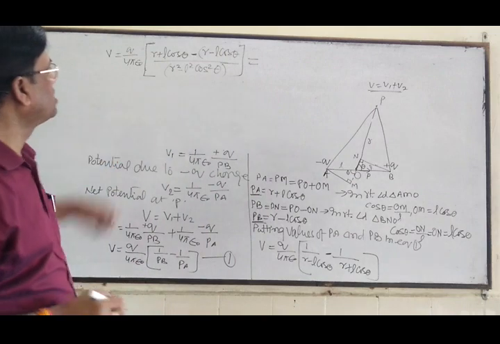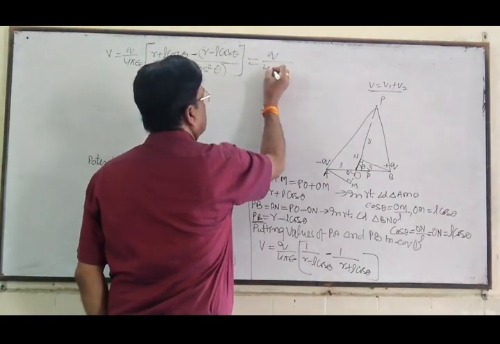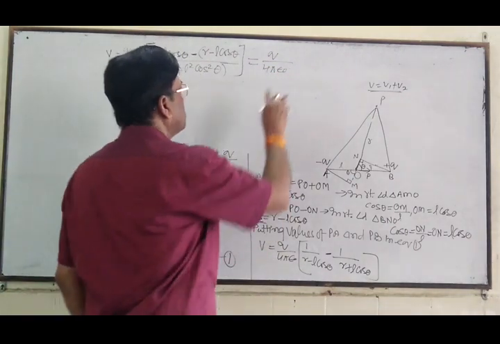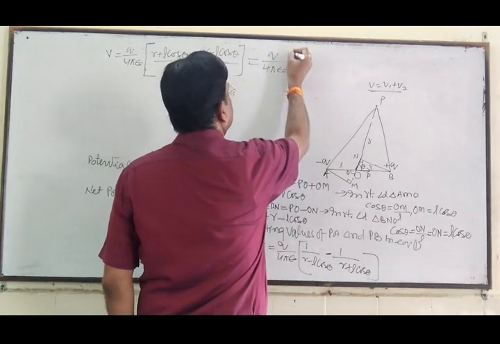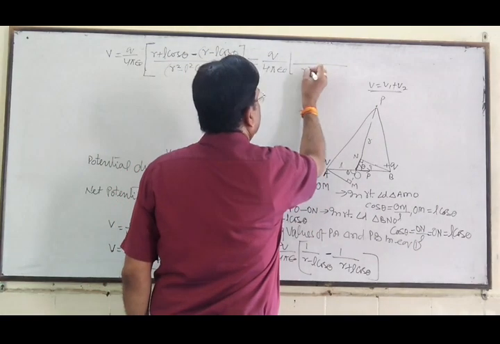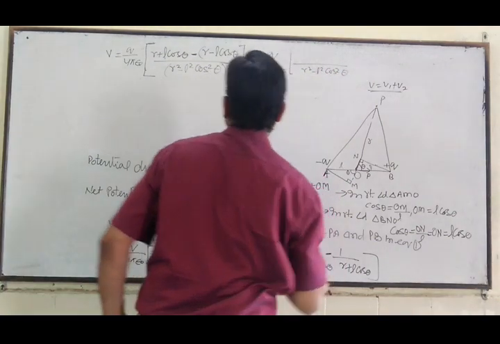Thereafter what will be left? It is Q upon 4 pi epsilon naught, and it is R square minus L square cos square theta.